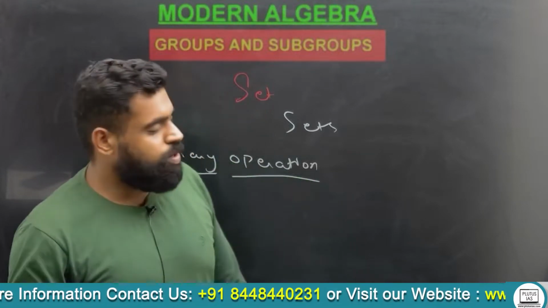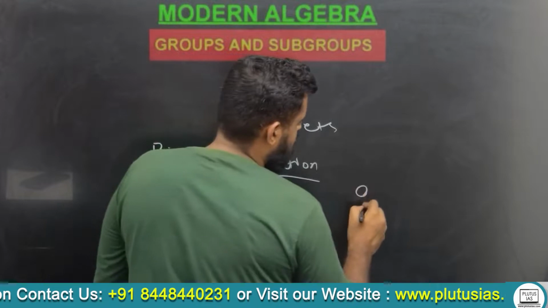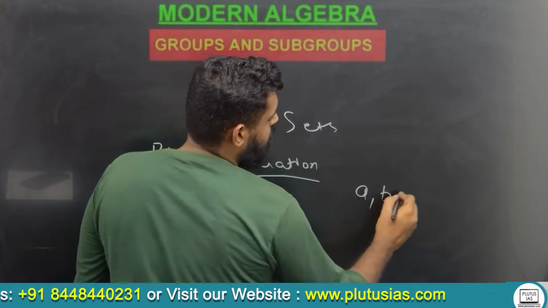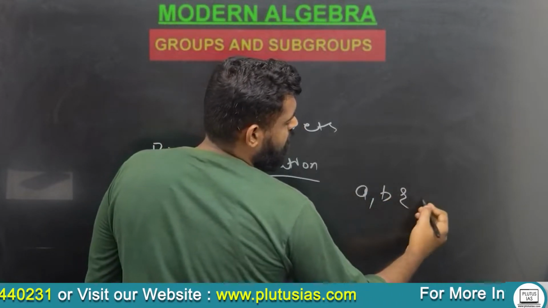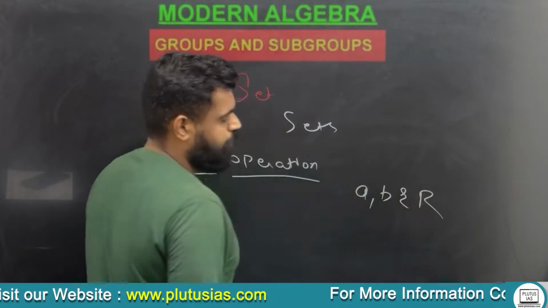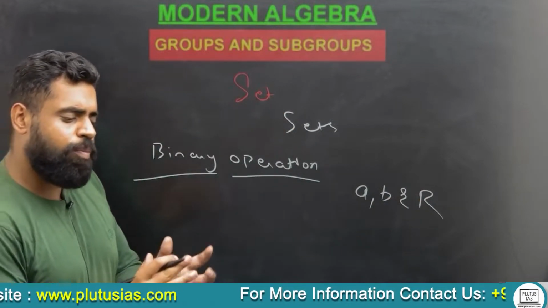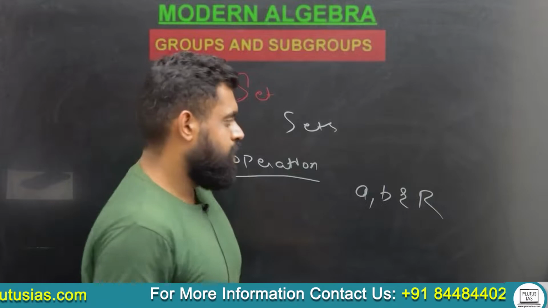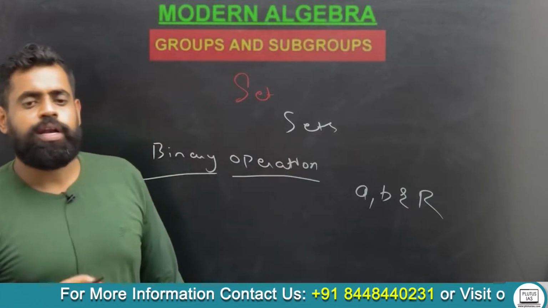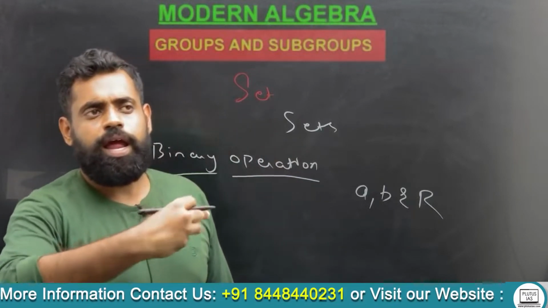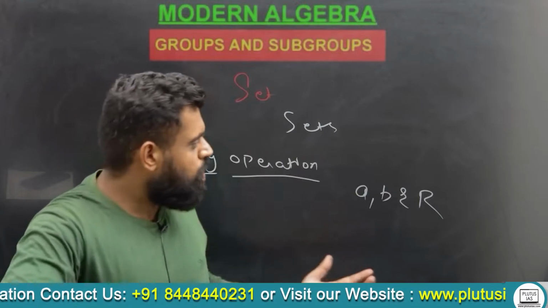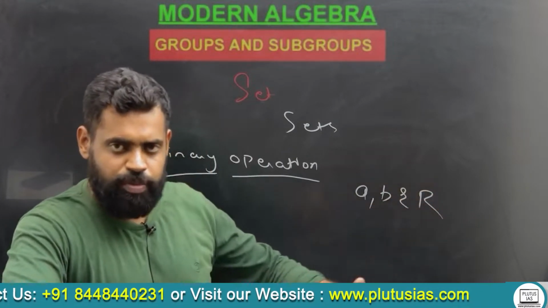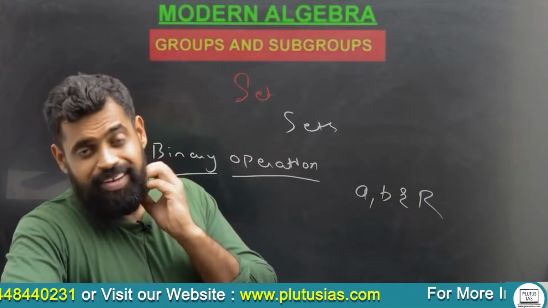We know that if a, b belong to a set, say R, and we define an operation, it could be anything. Here you have to note that whenever we say addition, subtraction, multiplication, moving onward, that could mean a different thing. All we mean is an operation.